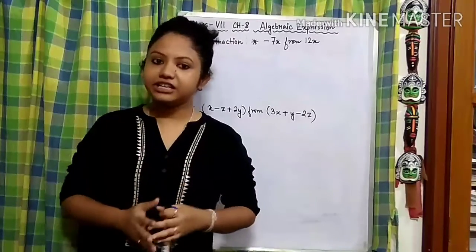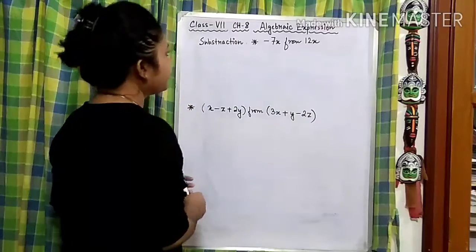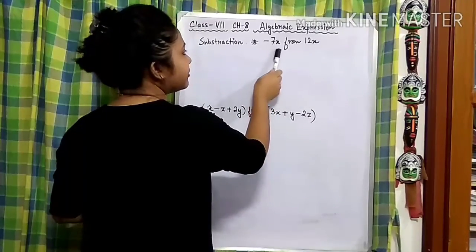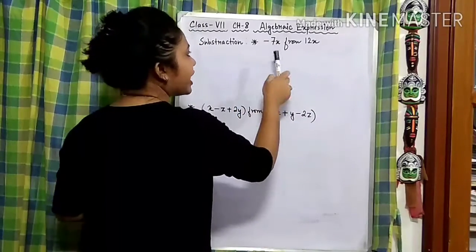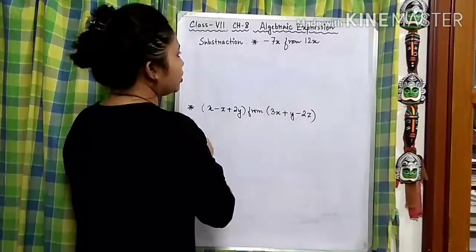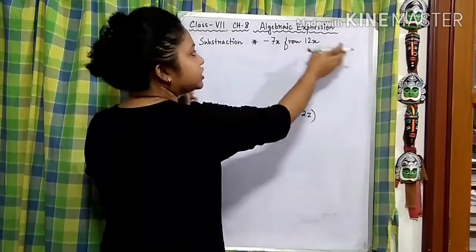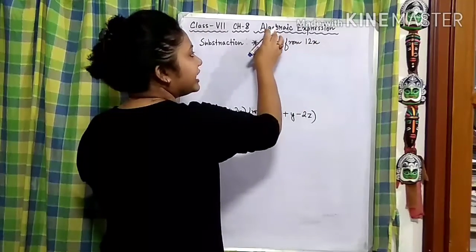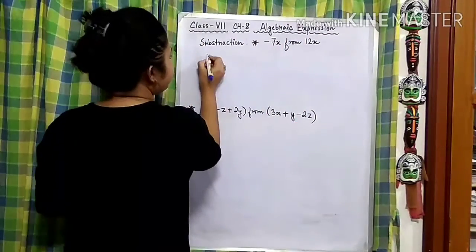After the addition, we are going to understand subtraction. The first sum: subtract minus 7x from 12x. Don't try to subtract 12x from minus 7x. From 12x means you have to take this minus 7x out of 12x.